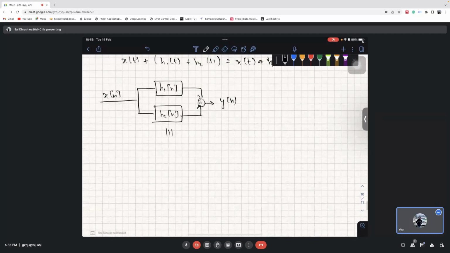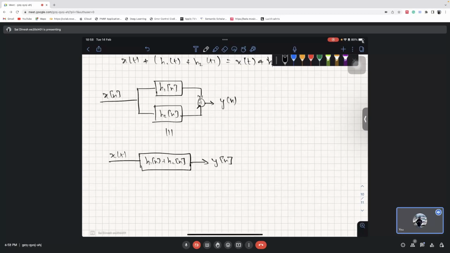This is equivalent to having x of n go through a system with h1 of n plus h2 of n, which gives y of n.